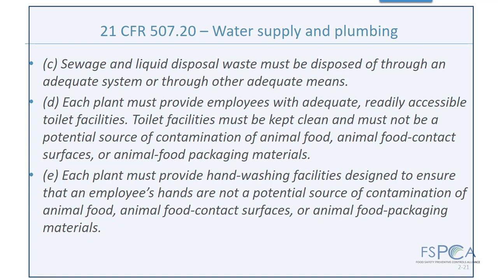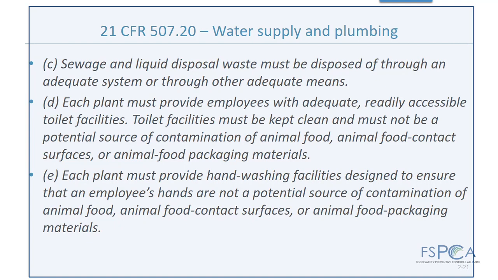So I think the solution this facility came up with was to draw up a contract between themselves and the convenience store to make sure that facility was kept clean. So there are ways to work around this if you do not have toilet facilities within your building, but just keep in mind that it is the responsibility of the food manufacturer to make sure that they're clean and well maintained and don't provide a source of potential contamination.